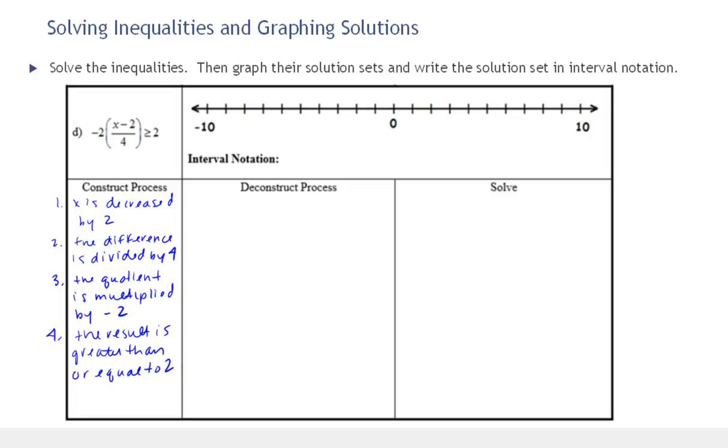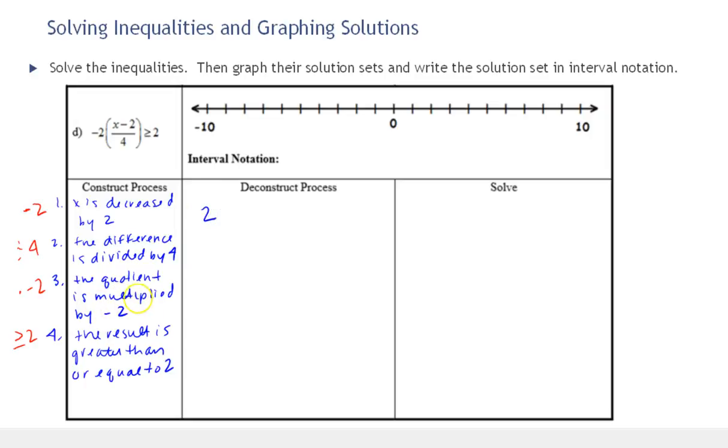Okay, now let's reverse this. We'll put our little notes on the side. Decreased by 2, divided by 4, multiplied by -2, and the result is greater than or equal to 2. So now reversing this, we'll start with 2.